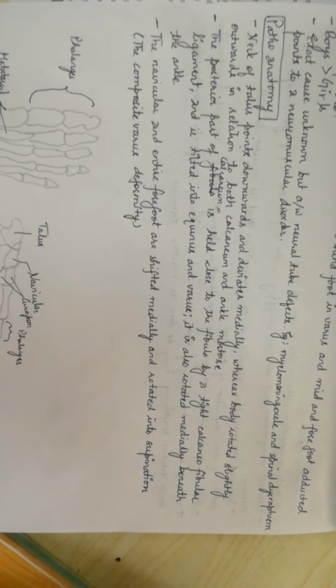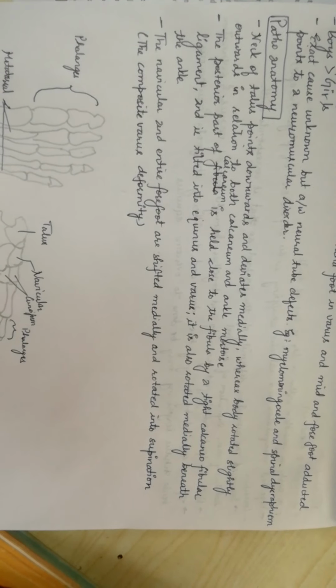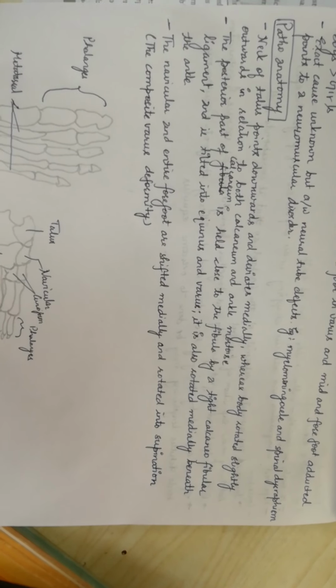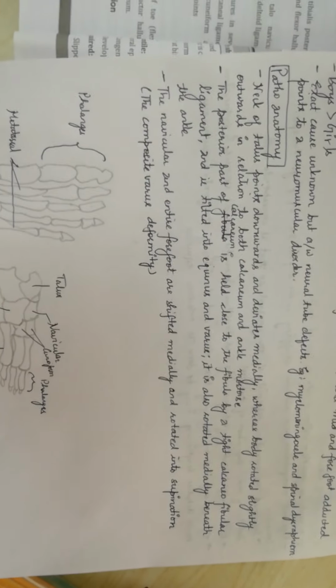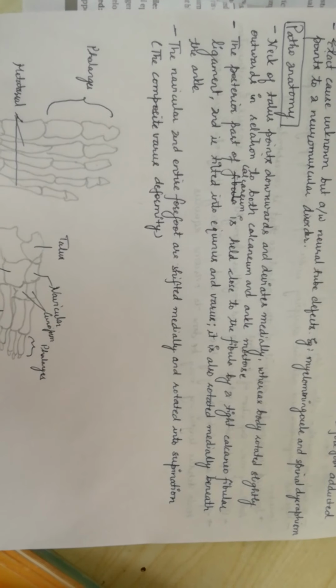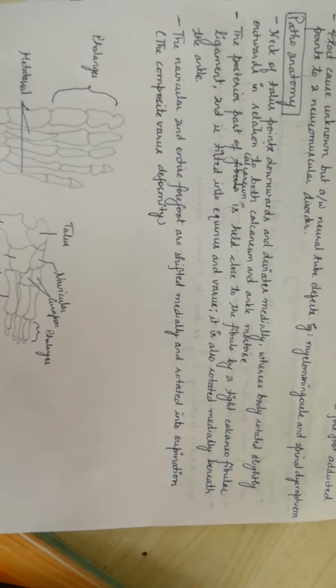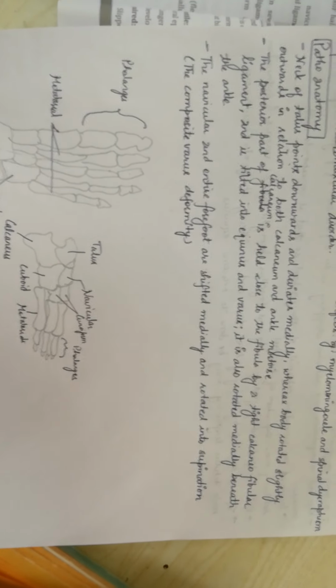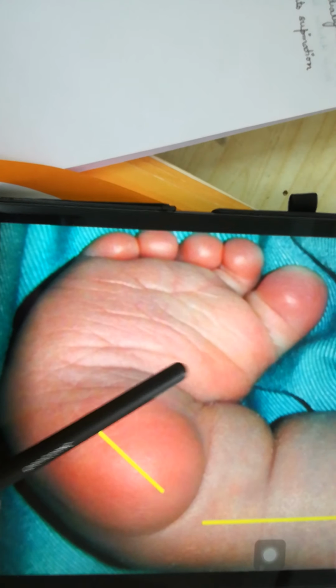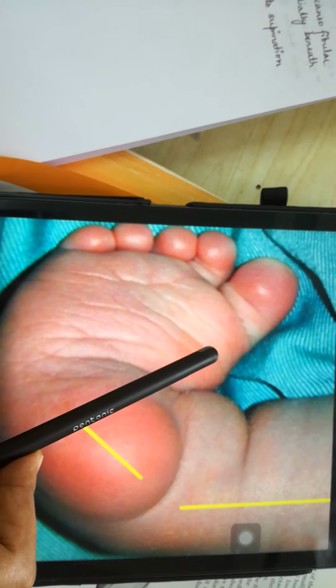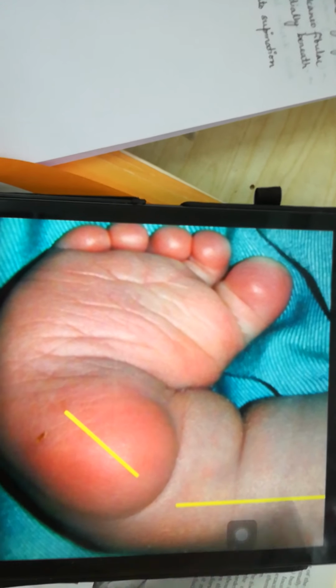Like I said, it is in equinus, which means the posterior part of the calcaneum is close to the fibula, and the navicular and the entire forefoot are shifted medially and rotated into supination. See how it is rotated medially and into supination.